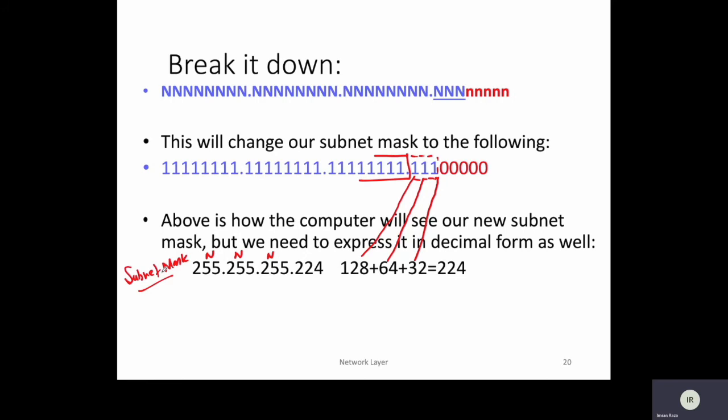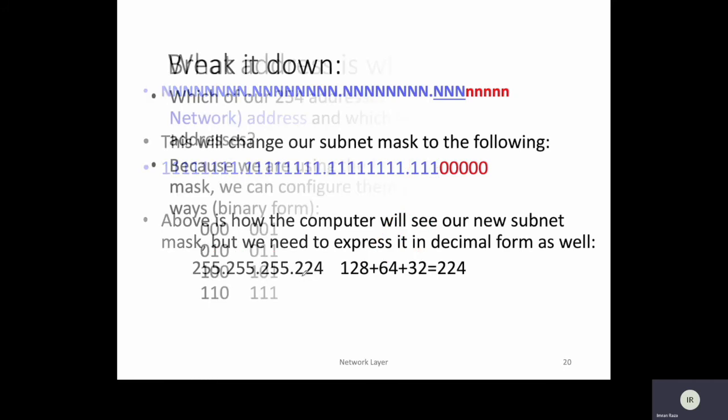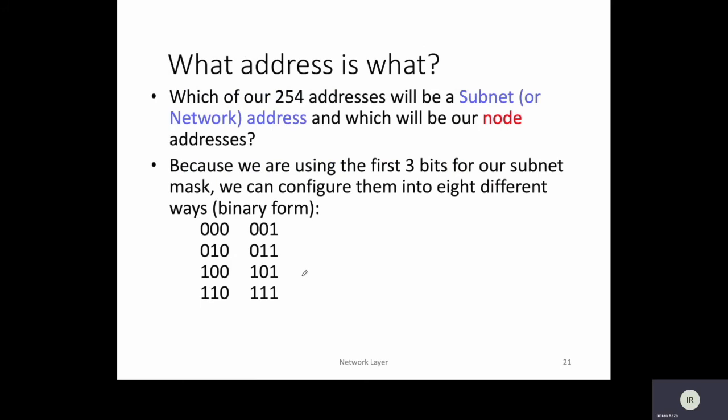For the first 3 octets, by default all the bits are 1, so the value is 255.255.255, and since we have borrowed these 3 bits, we add the value of these 3 bits, and now the subnet mask is 255.255.255.224.